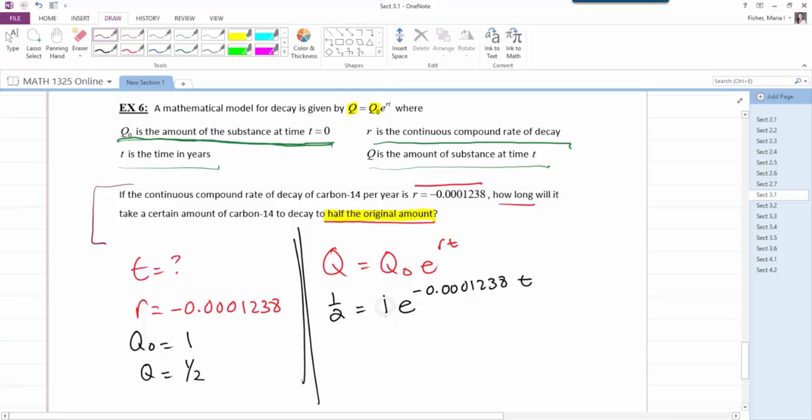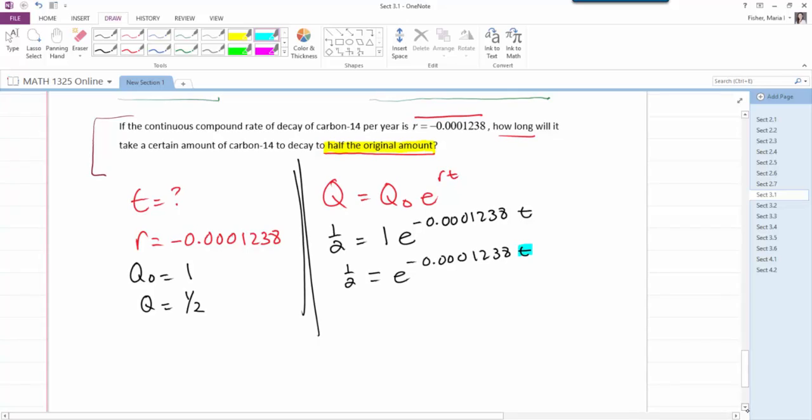Now, do I really need this 1 here? No, because 1 times anything is itself. So I'm just going to write this as 1/2 = e^(-0.0001238t). Well, this is an exponential equation because the variable is in the exponent location.